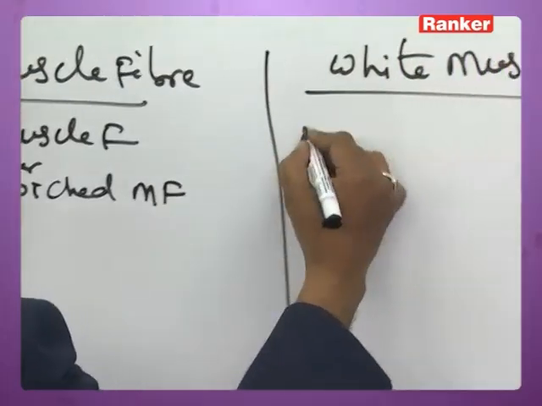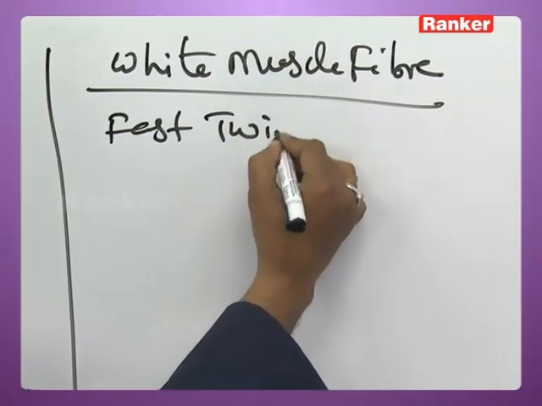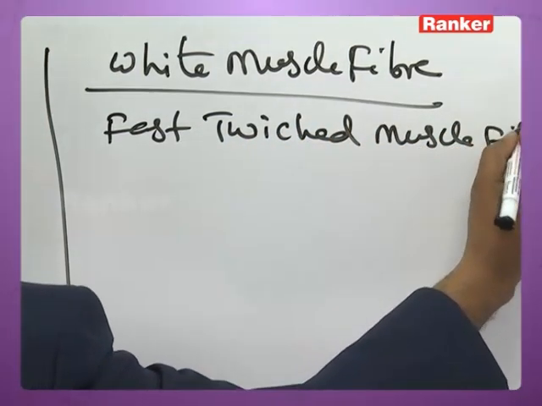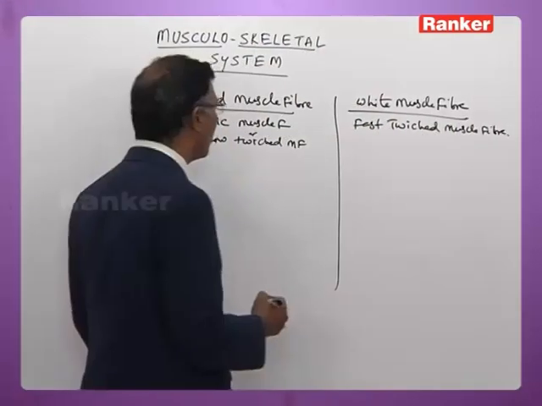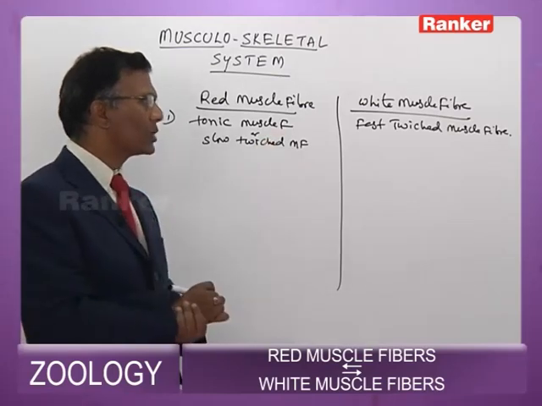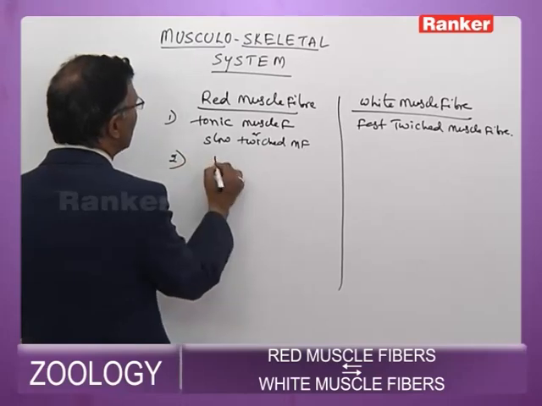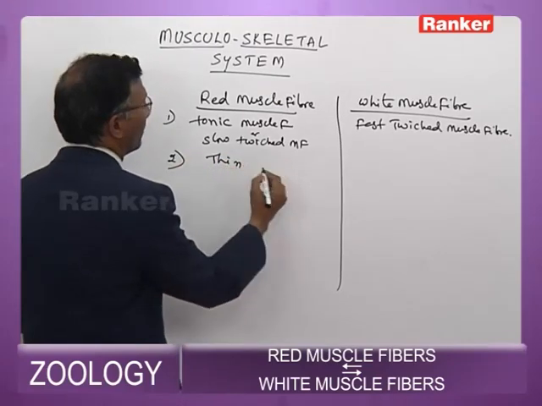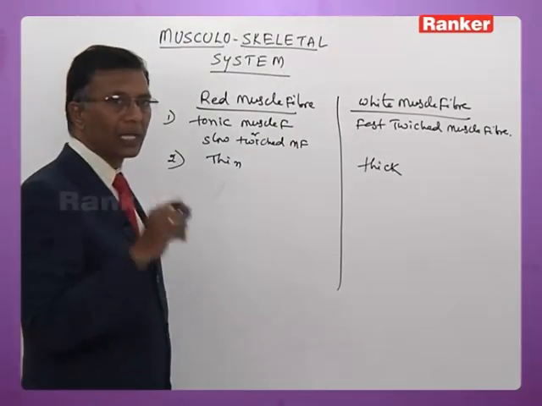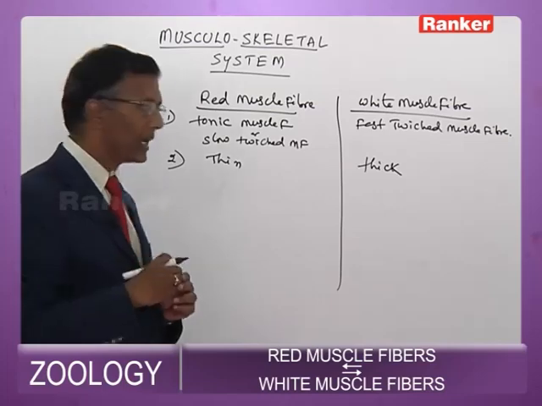White muscle fibers are called fast twitched muscle fibers. Now, the red muscle fibers are thin, whereas white muscle fibers are thick and bulky.